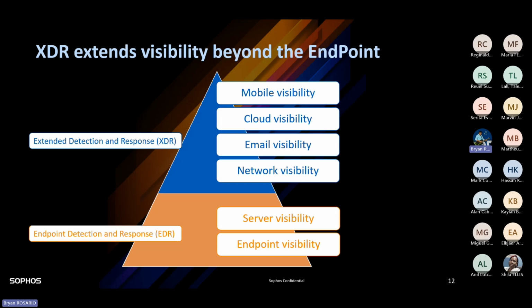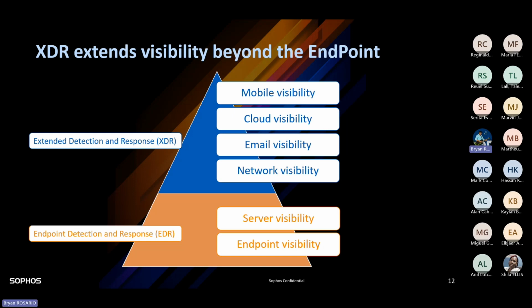So you have both your endpoint and servers, but also you now have network integration, email integration, cloud integration, mobile integration. So you're able to see what is going on in real time in those solutions, and you are able to make better informed decisions because you have access to more up to date and more comprehensive data.